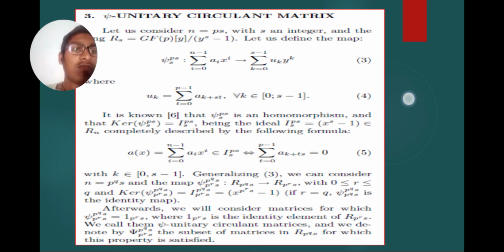If r equals q, it is the identity map. Afterwards we will consider matrices which we call unitary circulant matrices, and we denote by the subset of the matrices in R_{p^(qs)} for which this property is satisfied.